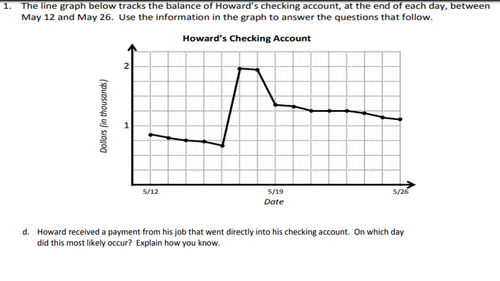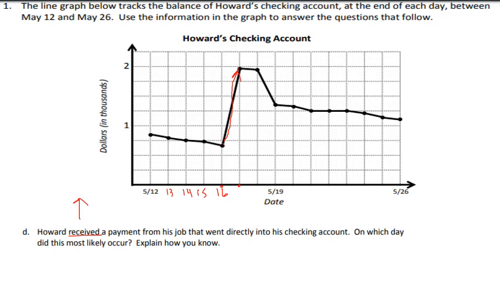Howard received a payment from his job that went directly into his checking account. On which day did this most likely occur? So we're talking about he received payment, okay? And since he received payment, we know that would make the value increase. And it's going to be right away. So I can see here I have a steep slope, which shows a very large increase from this day to this day. So I can tell this is the 12th, 13th, 14th, 15th, 16th.